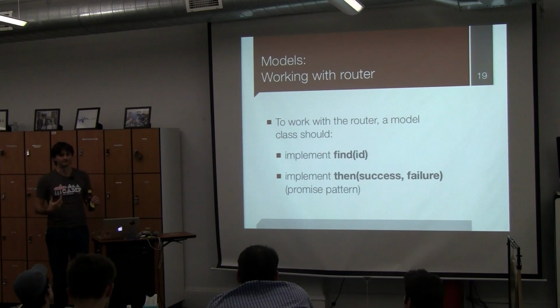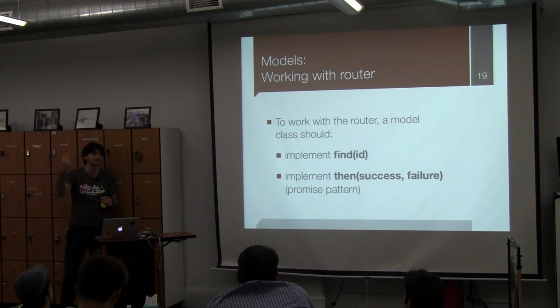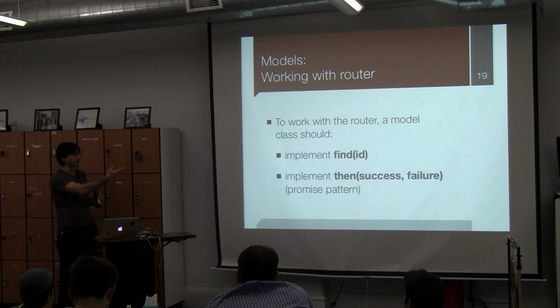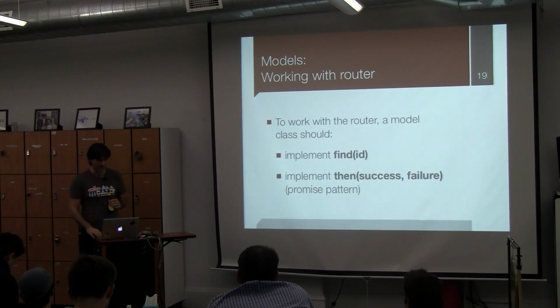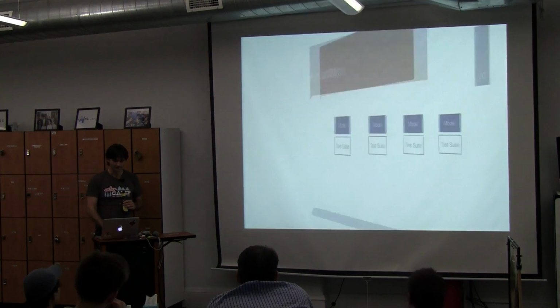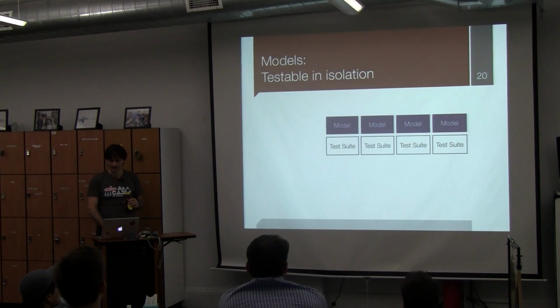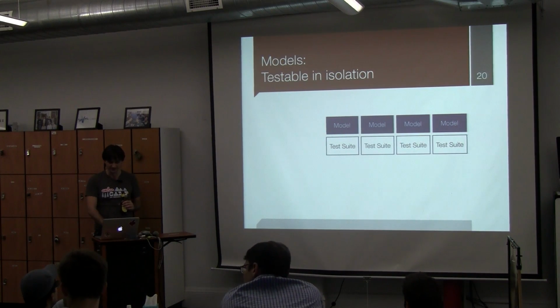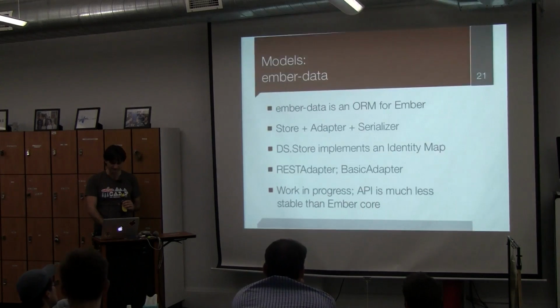So if retrieving information about person 5 is an asynchronous operation, as it typically would be if you are accessing an API, then it's going to wait for that to be successful if you implement then. And models should be testable in isolation. And that should be easy since they have no dependencies besides each other.